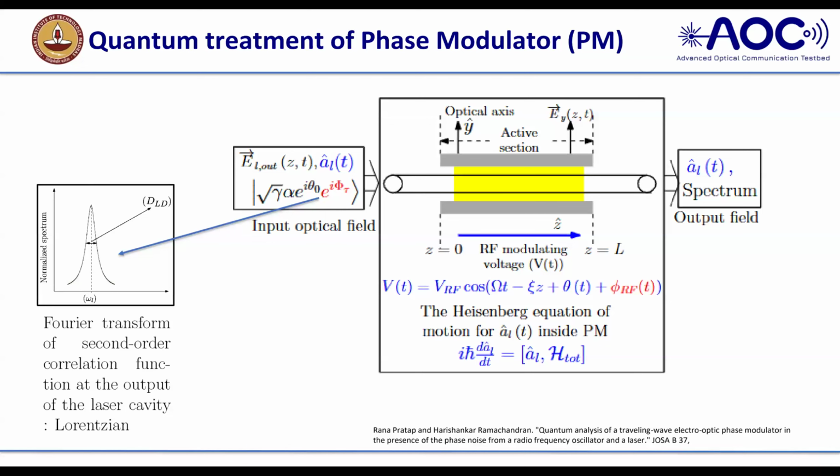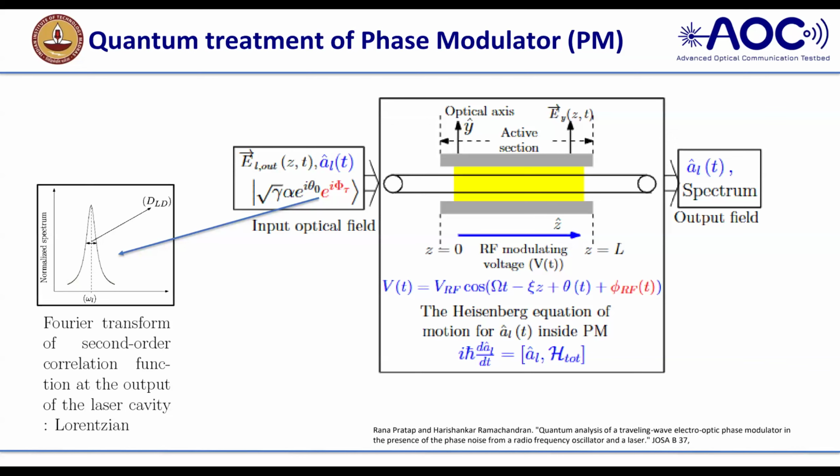So how to solve that? That's why I discussed that we solve this case using the Heisenberg equation of motion, and the interaction picture is very, very important. I took the equation as a Heisenberg equation, whereas H total is written in the interaction picture. H total is nothing but the total energy of the system inside the phase modulator.